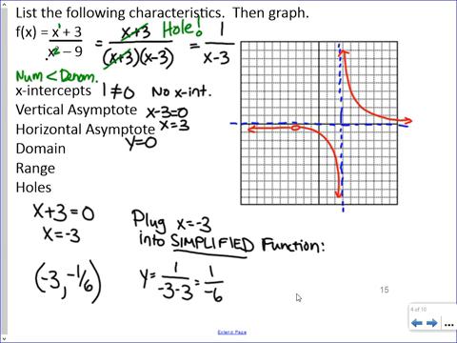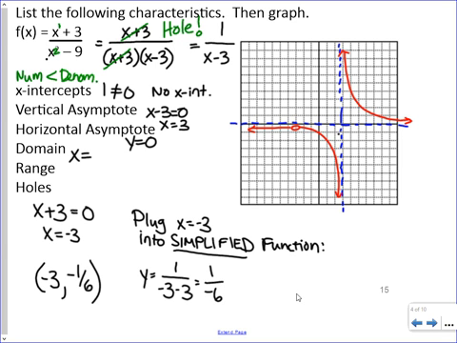Now, domain and range are going to be slightly different from yesterday. For domain, we have to restrict all of our x values that don't produce answers. So where on your graph do you not see a point on your hyperbola for x? I don't have a point at negative 3, and I don't have a point at positive 3.